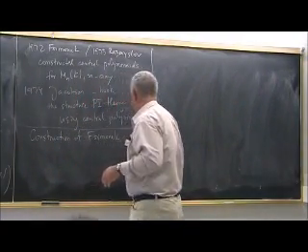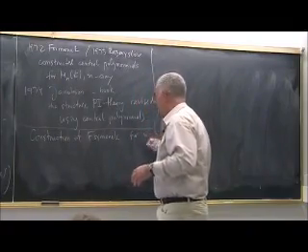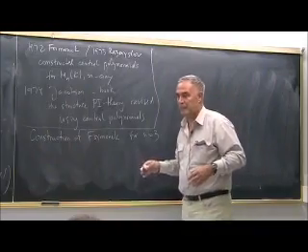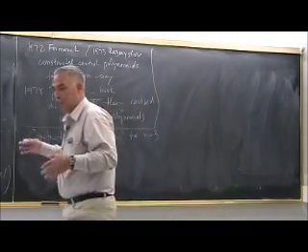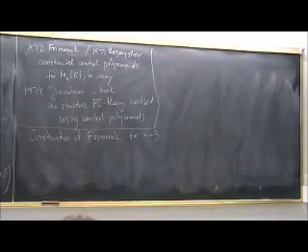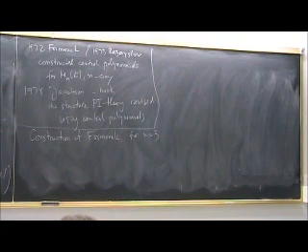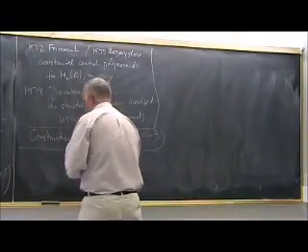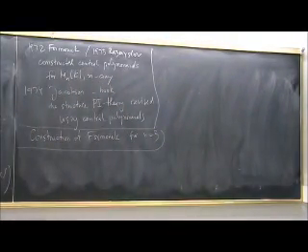I give this for n equals 3 only, because it already contains the general idea. If you can do this for 3, you can do this in the general case. And the proof of Formanek was in the general case, of course. So maybe I start from here.